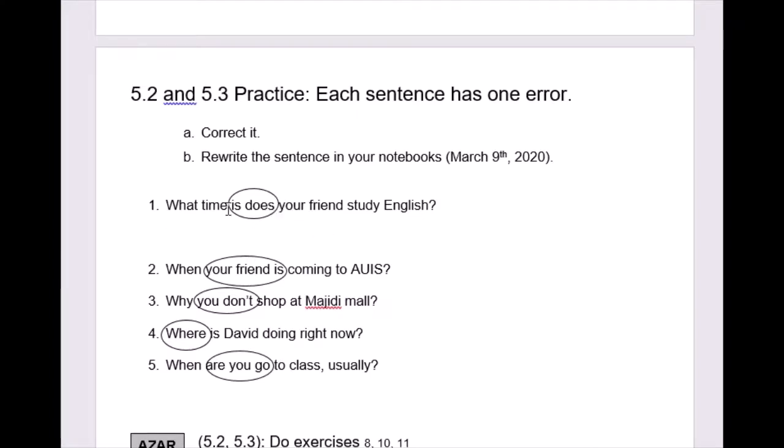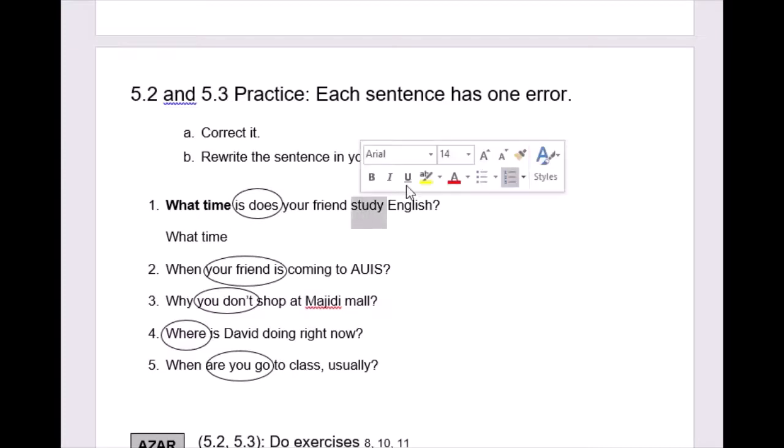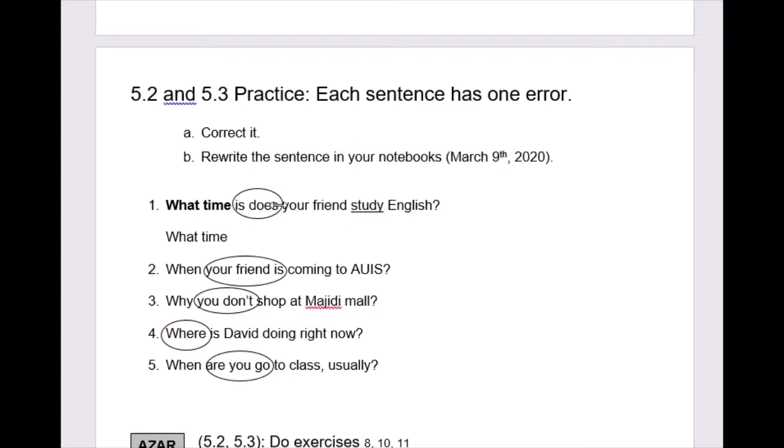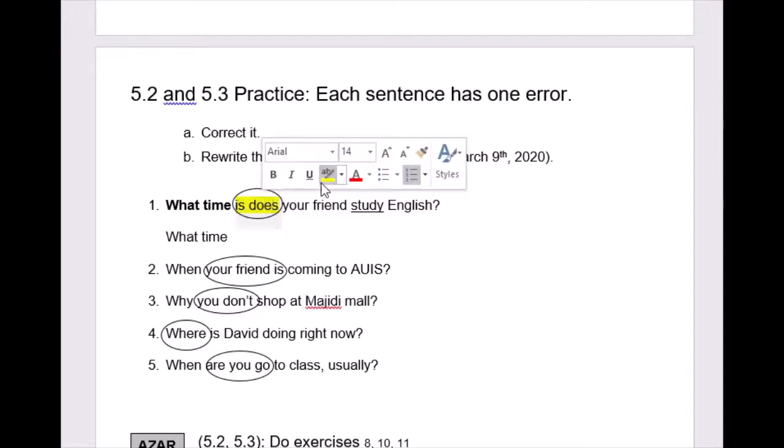So there's a problem with the word order. We have what time, right? So what time? There's too many helper verbs, right? Helper verb, helper verb, helper verb. This is a main verb. So which of these 2 is correct?